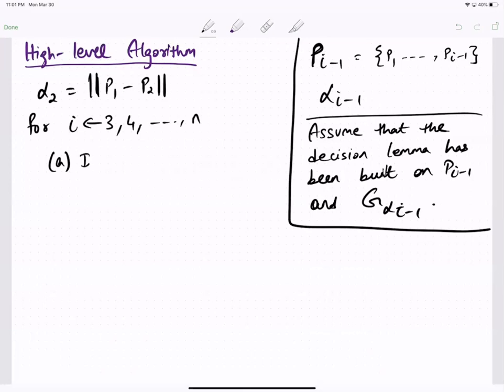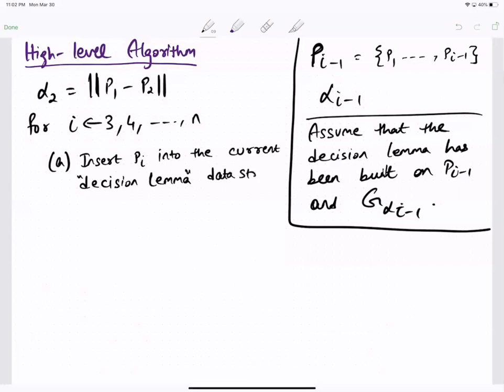the first step is we insert Pi into the current decision lemma data structure, which is nothing but this. Just insert this point Pi.